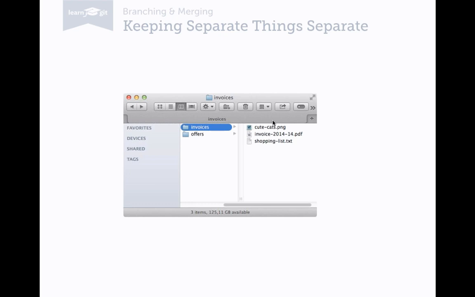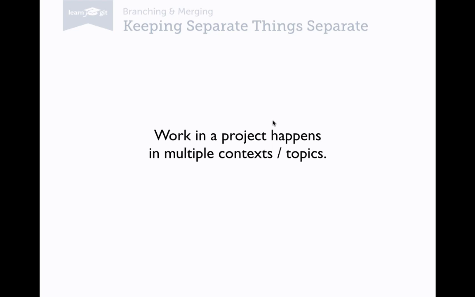You can think of them a little bit like folders on your disk. If you have an invoices folder, you should make sure that only invoices are in that folder. So you keep separate things separate. This is the same paradigm that branches work by.